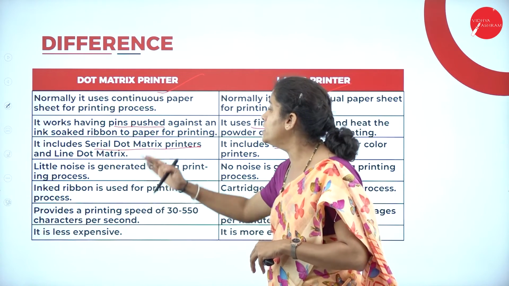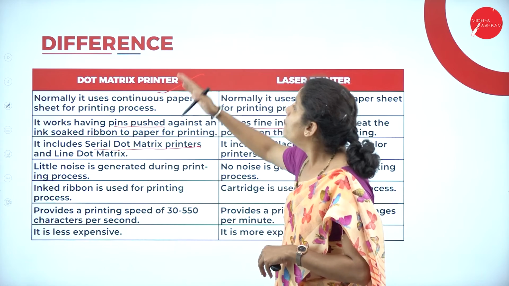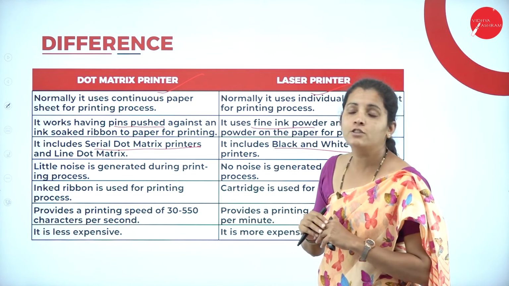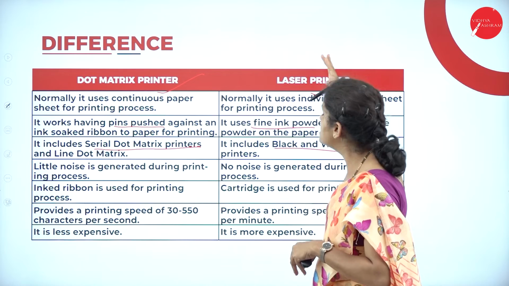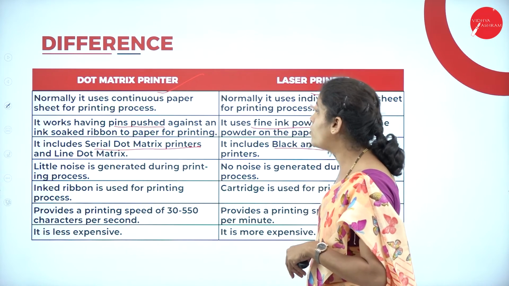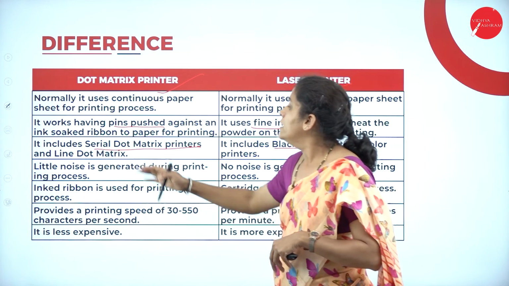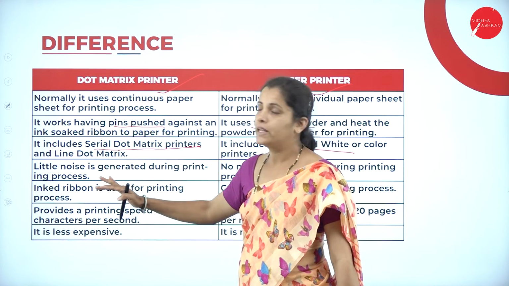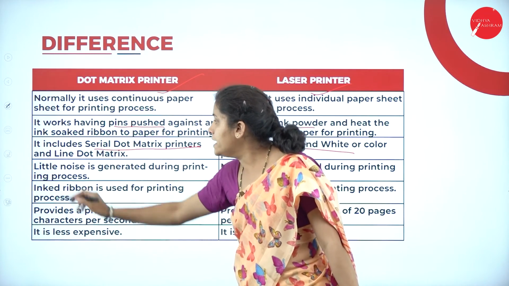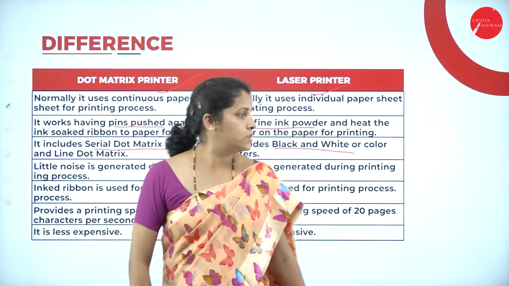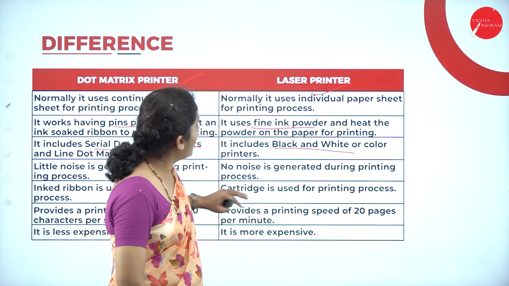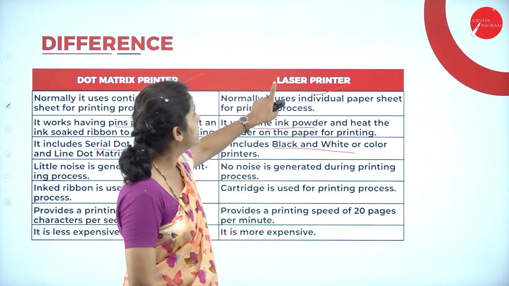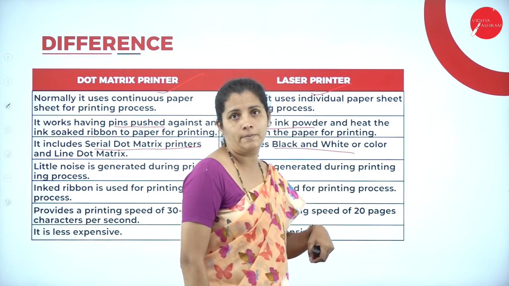Then moving on to the noise. Here, your dot matrix printer produces excess noise, whereas your laser printer does not produce noise. An ink ribbon is used for the printing process in dot matrix, whereas cartridges are used for printing in a laser printer.